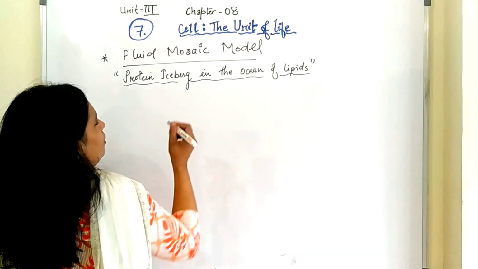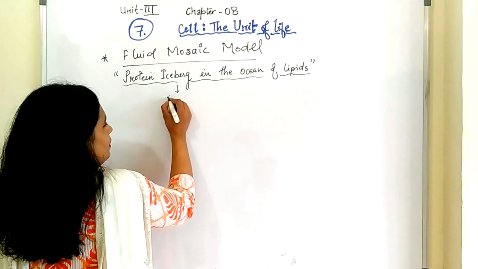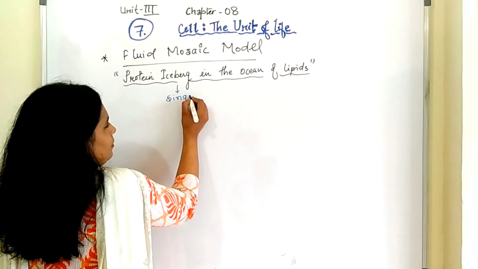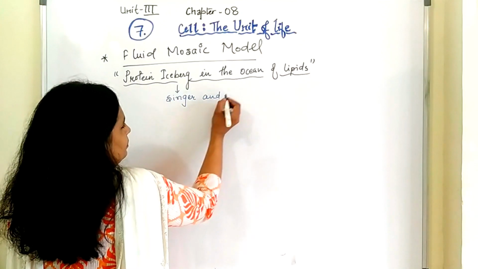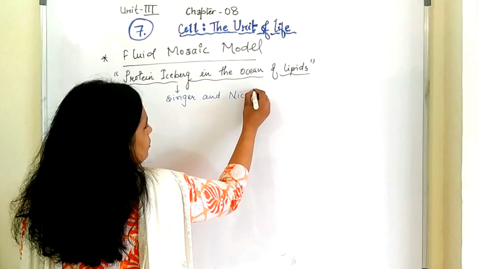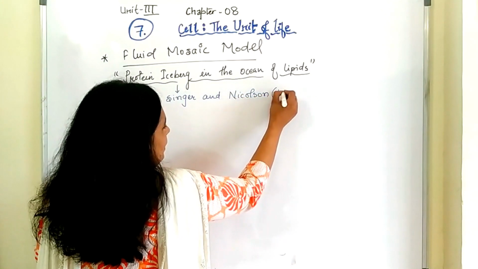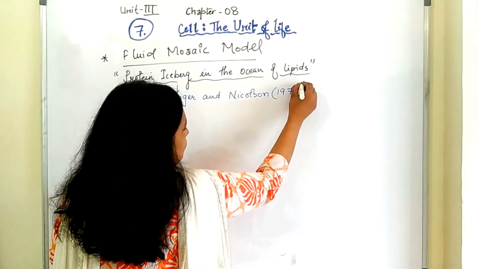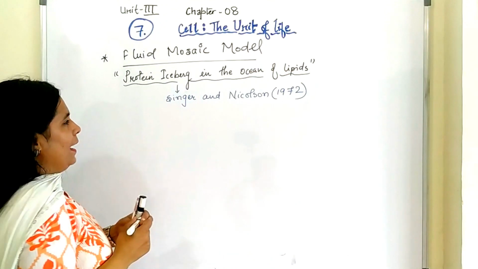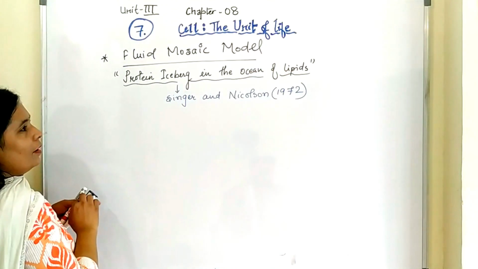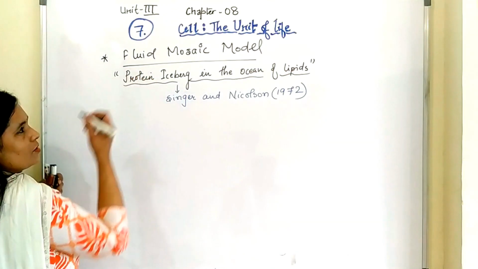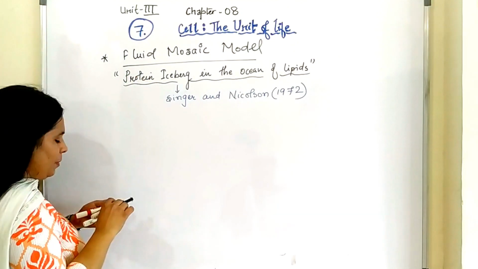This model was given by Singer and Nicholson in 1972. Okay, now let's see what the plasma membrane is composed of.